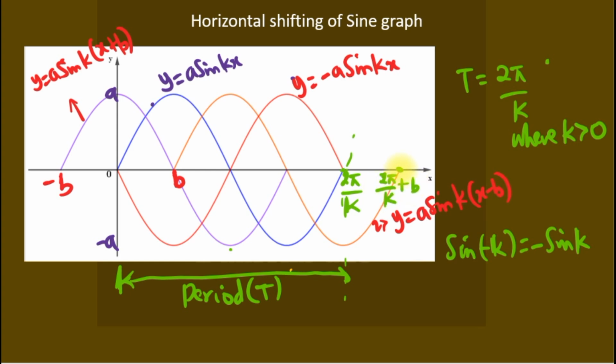It started from b and it will end here. The one shifted to the left will be 2 pi over k minus b. So that's it.